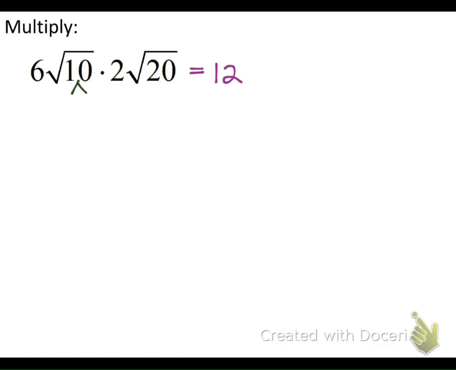Okay, go ahead. 5 times 2. And then for 20, 10 times 2. And then for 10, we know again is 2 times 5. What do I do with all of these numbers? I put them under a single square root sign in order.